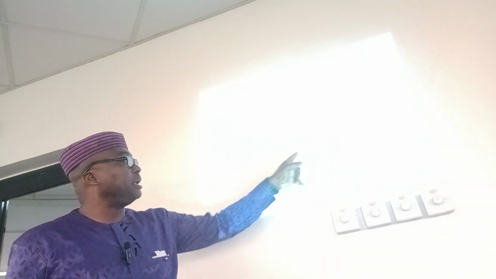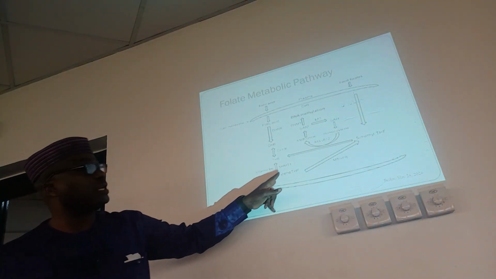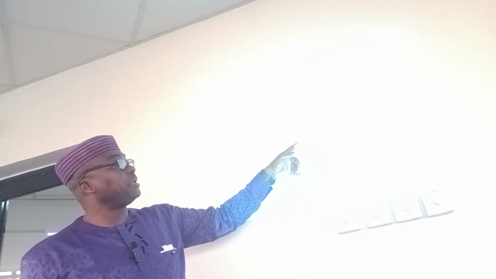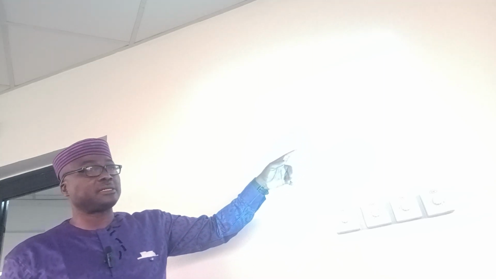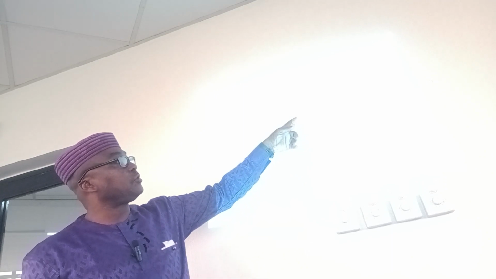It donates its methyl group, and then comes back to tetrahydrofolate after donating its methyl group. Tetrahydrofolate, this is reversible, is converted to 5-10-methylene tetrahydrofolate, and this methyl group that is donated must be in the presence of vitamin B12 and is converted by methionine synthase, and the methionine is converted to SAM, that's S-adenosyl methionine, and donates the methyl group for DNA methylation, and that's where the problem is.